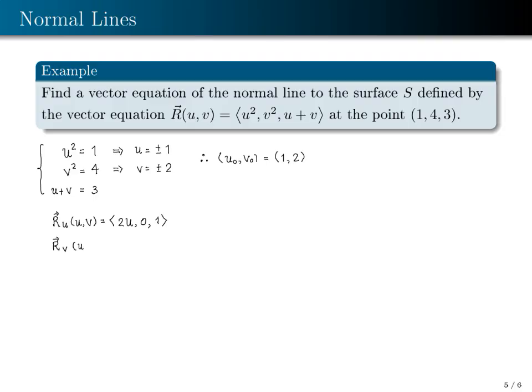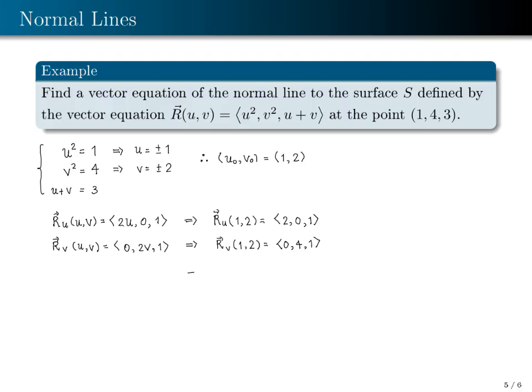Similarly, the components of r_v(u, v) are 0, 2v, and 1. Thus, r_u(1, 2) is the vector with components 2, 0, 1, while r_v(1, 2) is the vector with components 0, 4, and 1.